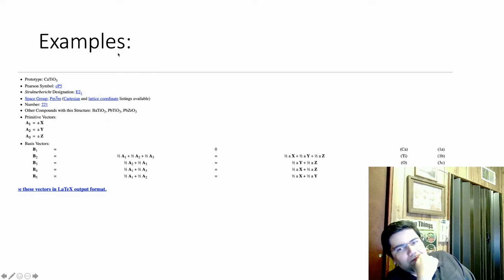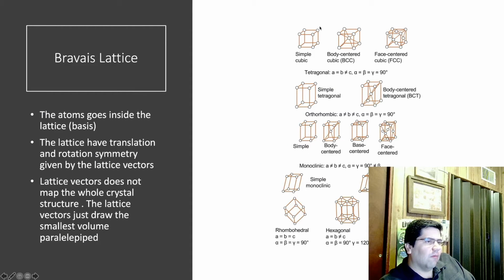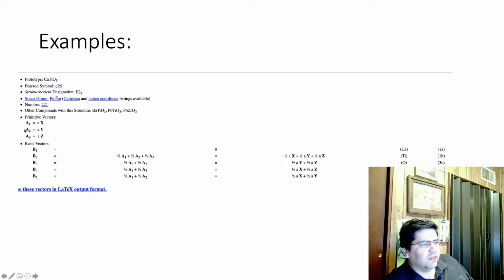I'm going to give an example of how to make a crystal structure. Remember, like I told you before, we have a crystal system, and then the atoms go inside. If I know how the atoms go inside the box, then I can make the crystal. Here we have an easy example because it's a simple cubic structure.